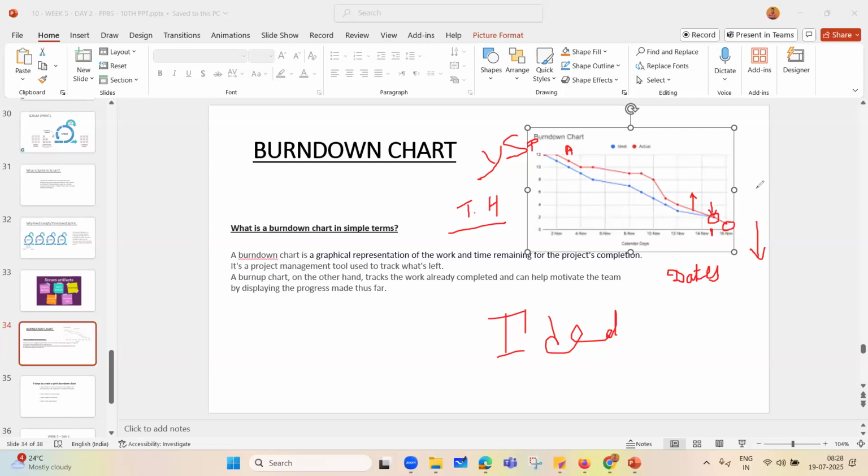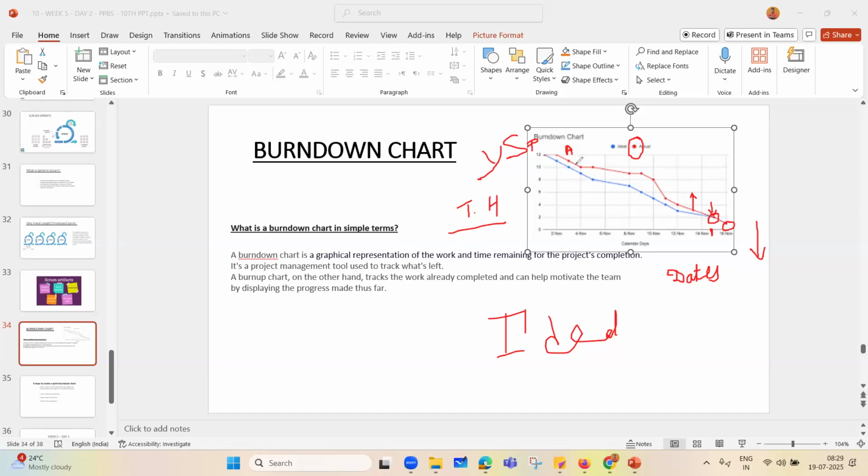Behind time. It means that if the actual line is above the ideal line, we are behind schedule. Clear?